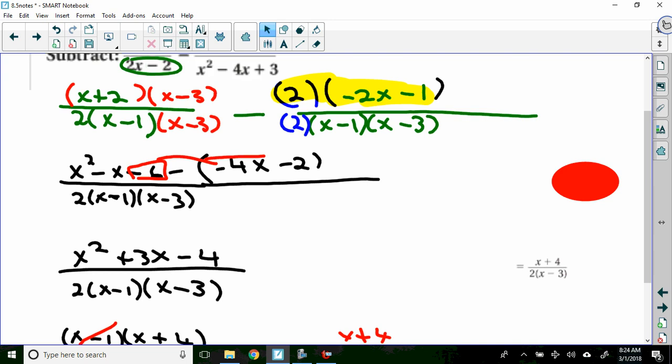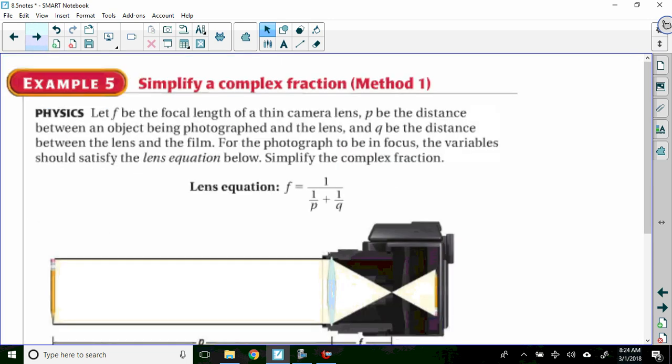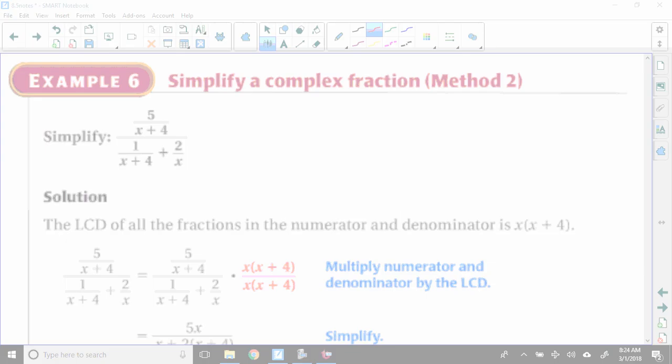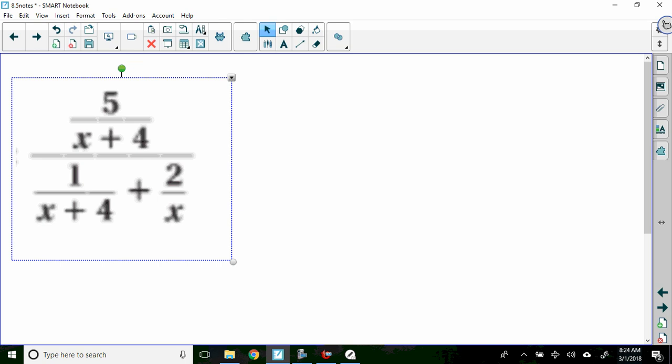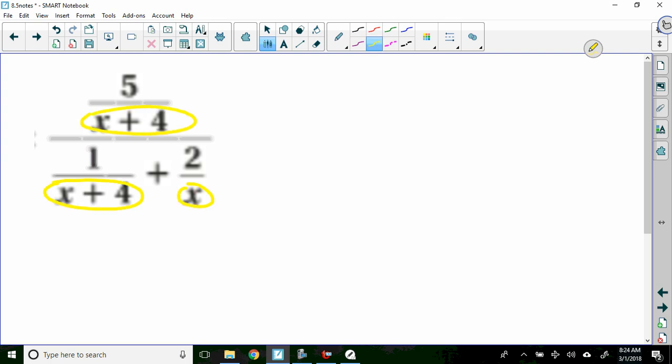So, all right, well, here we go with this complex fraction business. Complex fractions. I'm going to put this on a new page. I don't like the way they explain it. There actually are a couple of different ways to do this one. So if we were to identify our denominators, this is a denominator, this is also a denominator, and this is a denominator.